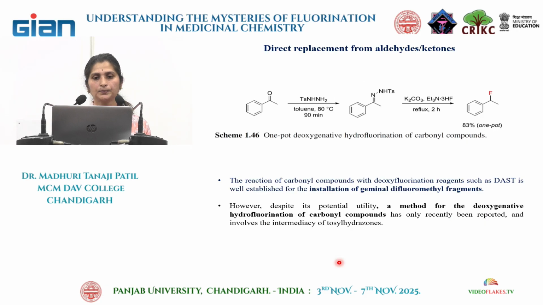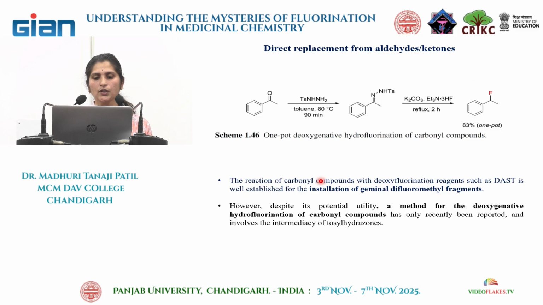Now you know that DAST will displace this carbonyl with a gem-difluoro compound. You will get geminal fluoride here by DAST. But if you are using this carbonyl compound with tosyl hydrazine, it will form the hydrazone and you will get only one fluorine atom here.